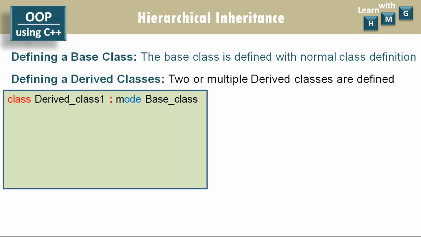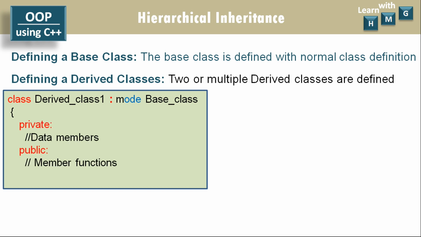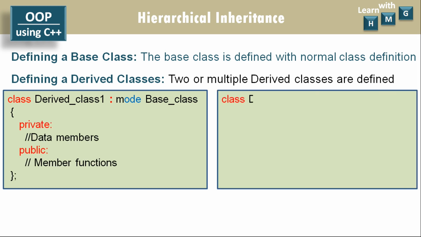The class definition will be like this. Derived class 1 will be defined with the base class: class derived class 1, colon, visibility mode, base class. Then its private data members and public member functions. Similarly, derived class 2 is defined using the same base class.